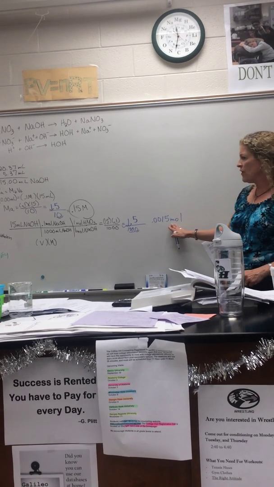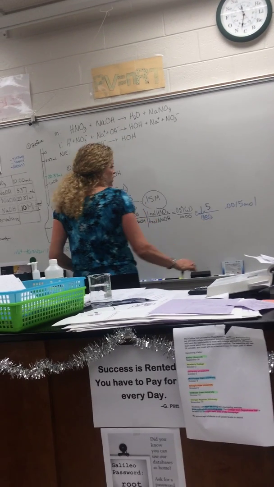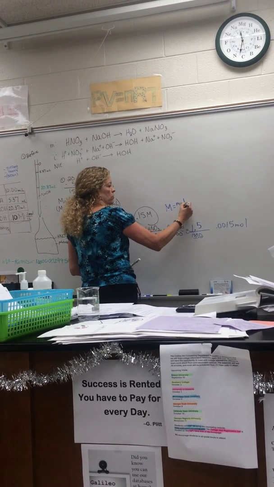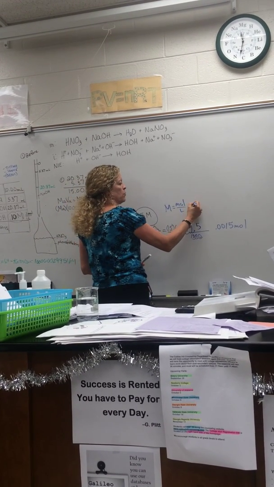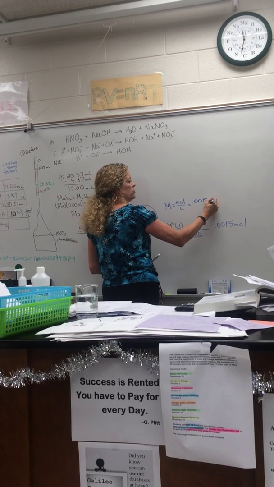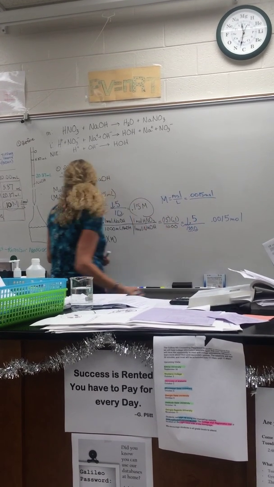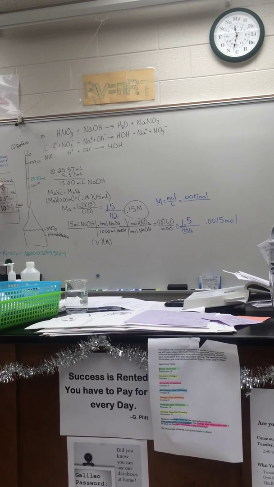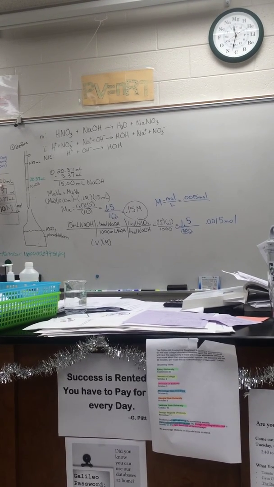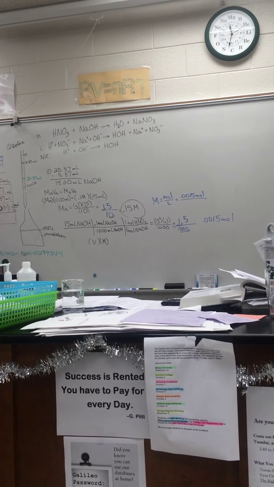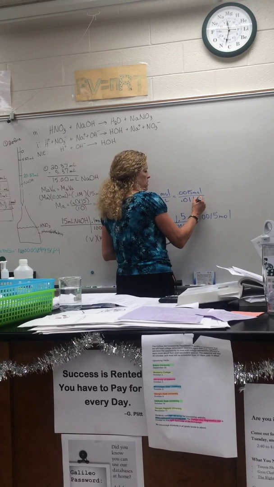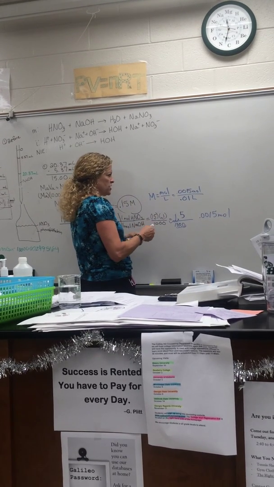So 0.0015 moles. Remember, I want molarity. What is molarity? Moles per liter. So we have our 0.0015 moles over our liters. What is 10 milliliters converted to liters? 0.01. And so again, let's do our decimal trick.